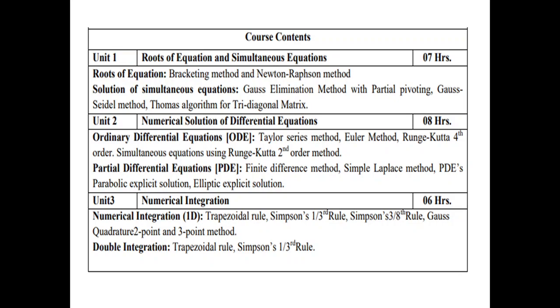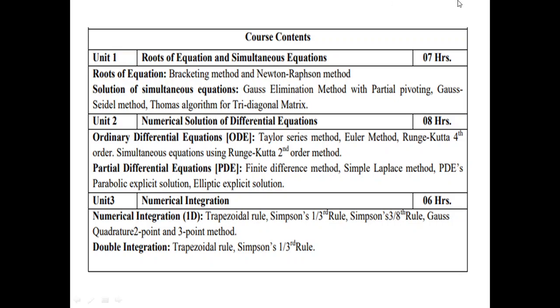In the bracketing method, we assume two initial guesses in such a way that the root lies between these two guesses. Means we restrict the root. That's why it is called the bracketing or interpolation method.